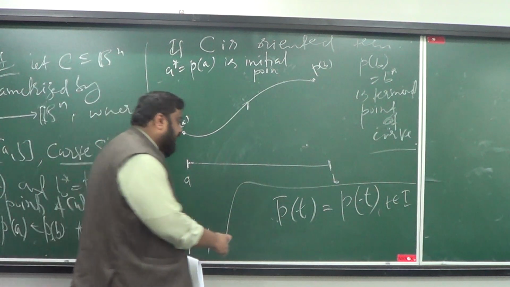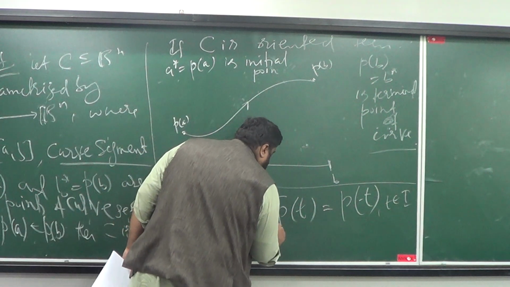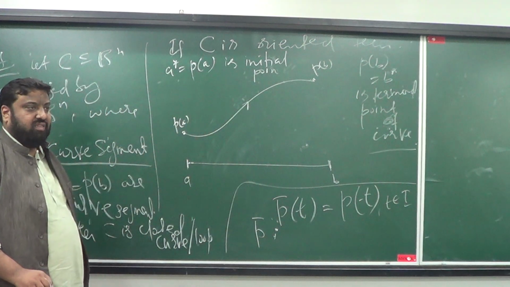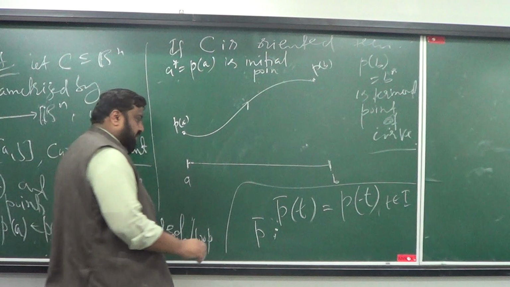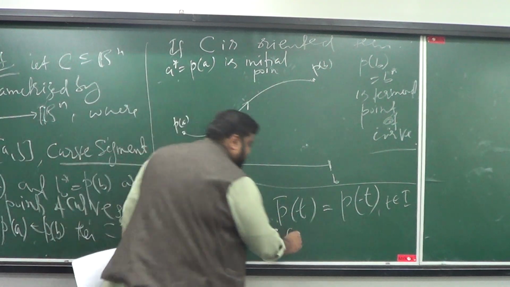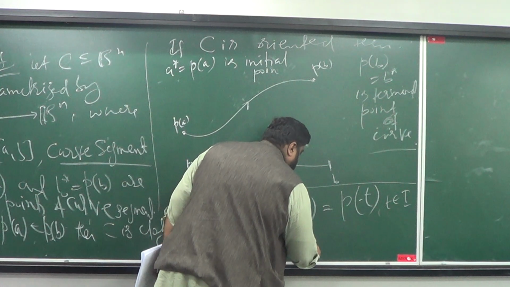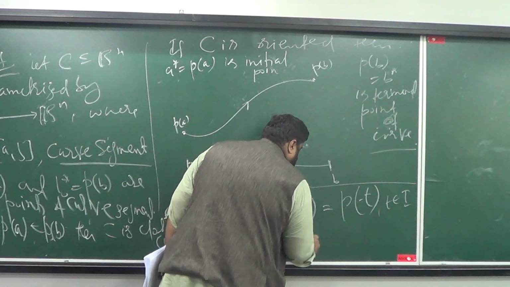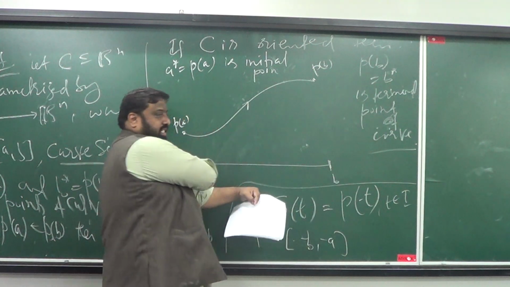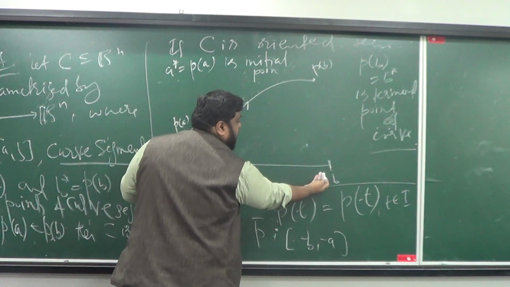What will be the domain of P bar? So the domain of the P bar is going to be, from where to where? I bar. So what is I bar? It's going to be negative b to negative a actually. Okay. So you just reverse it actually. So you have this line, just reverse it.